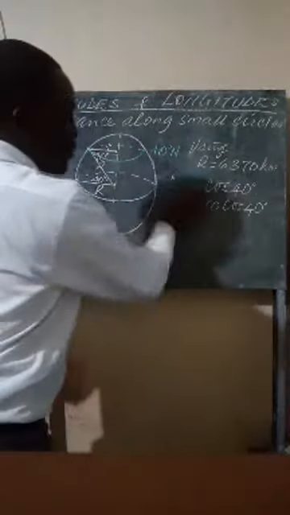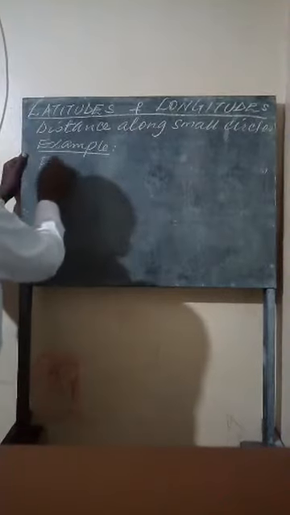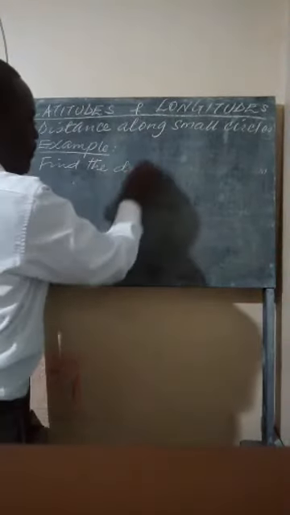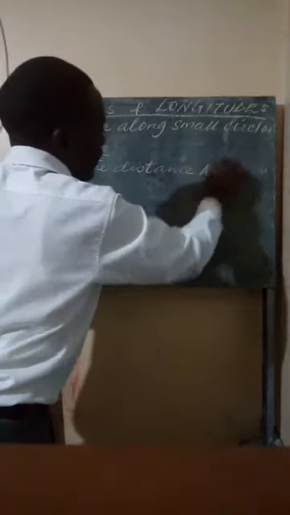Good. Now, having solved the issue of radius, we want to go to distances. We're going to use an example here to see how we get distance along a great circle, small circle. Find the distance AB. I'm going to give you a reference here.